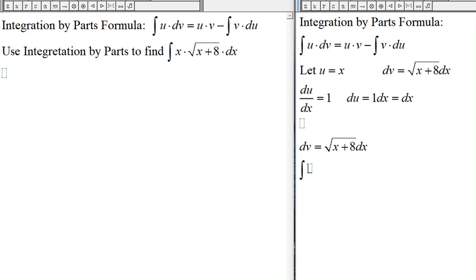Now we integrate both sides. The integral of dv is equal to the integral of the square root of x plus 8 dx. There's nothing here, so we can put a 1. The integral of the constant 1 will be just the constant times the variable, 1 times v.